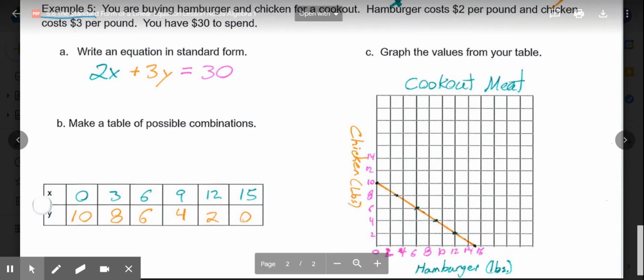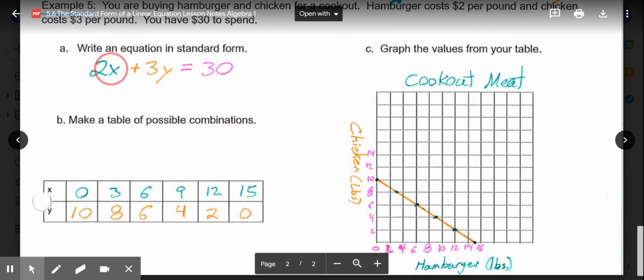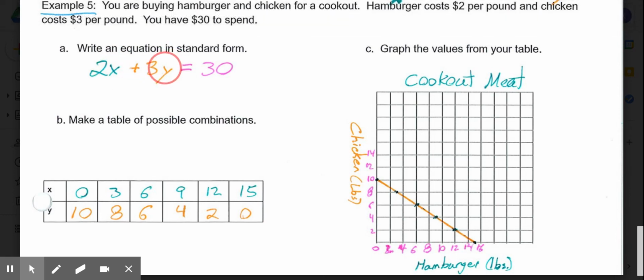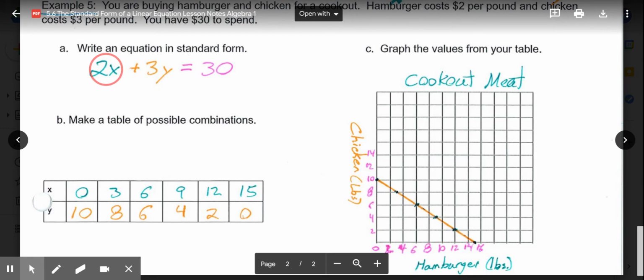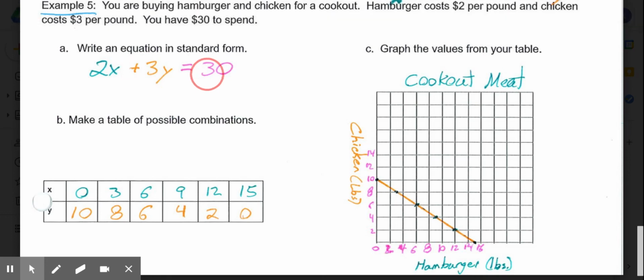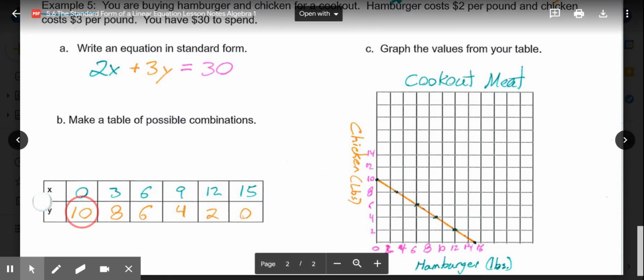So then in part B, make a table of possible combinations. So you can choose some numbers to put in for X to figure out what Y would be. So in this case, if I put a 0 in for X, 2 times 0 is 0. So I'm left with 3y equals 30. Divide both sides by 3 and y equals 10. What if I put a 3 in for x? 2 times 3 is 6.